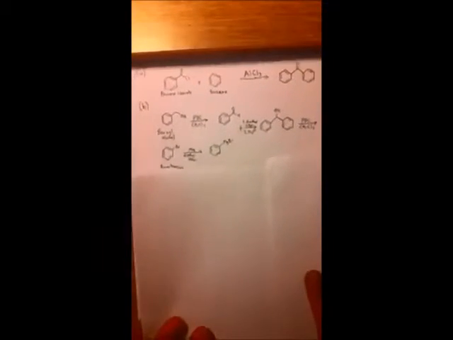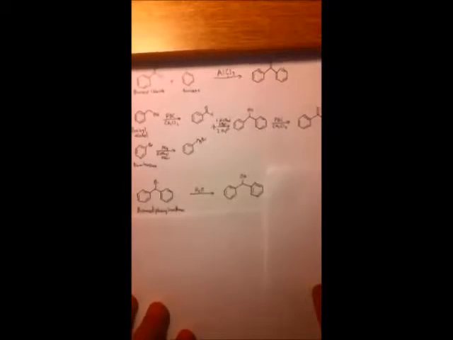Now, C, you're going to start with bromodiphenylmethane, and what we need to do is undergo hydrolysis just by adding H2O, and this is going to give you the diphenyl methanol that we had in part B up here.